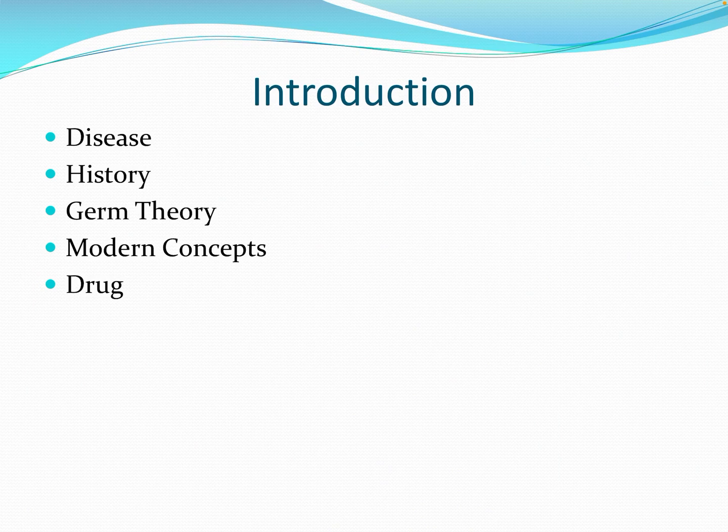The word drug is believed to have originated from the Dutch word droog, meaning dry. So people started using dried plant parts as drugs initially. It marks the early period of usage of drugs.